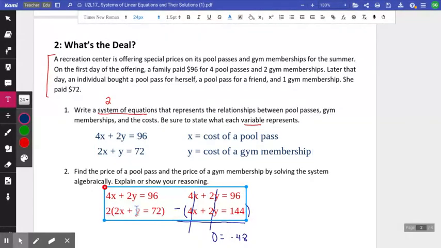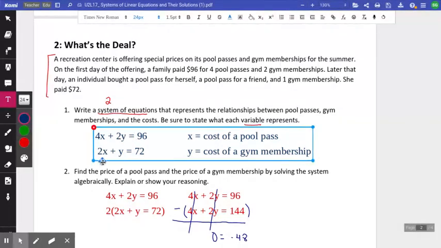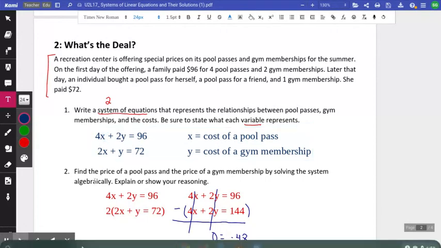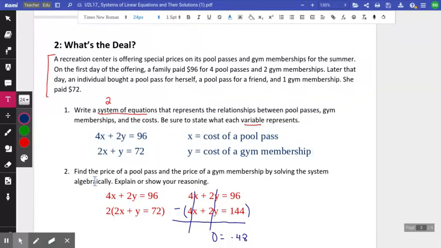When I doubled that second equation so that they had the same amount of pool passes and the same gym memberships, I see that those total costs are different. So right there, that's a red flag that they weren't paying the same price for the pool passes and the gym membership. That's also getting into what we had been talking about earlier, making these conclusions based on the structure of the equations.